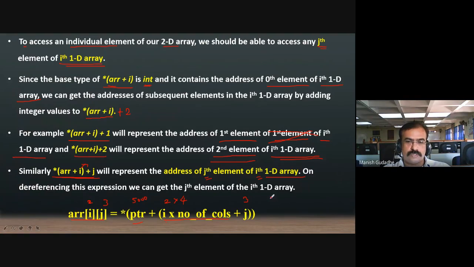So it is nothing but 5,000 plus 8 plus 3. This way we can take a jump. So at what point does it take us? 5,000 plus i into 4. Okay, i into 4 is 8. 4 is the number of columns.